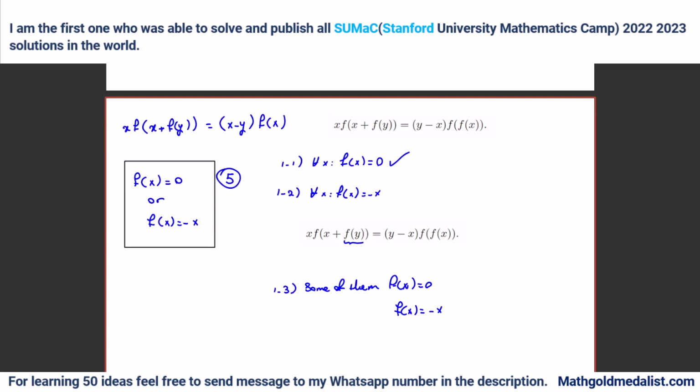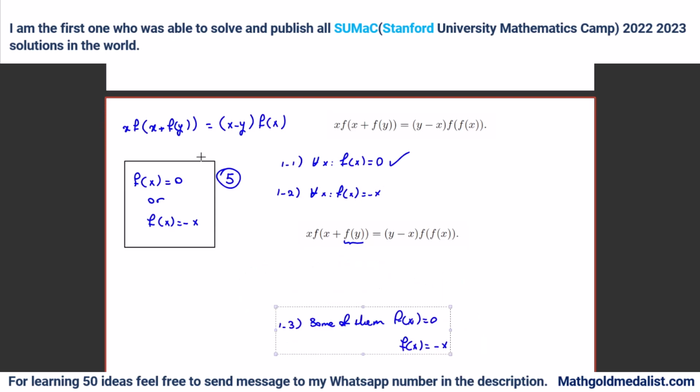So f of y equals 0. Why 0? Because when we say f of x is negative x, how can you conclude it's 0?